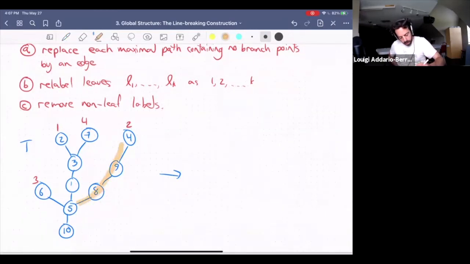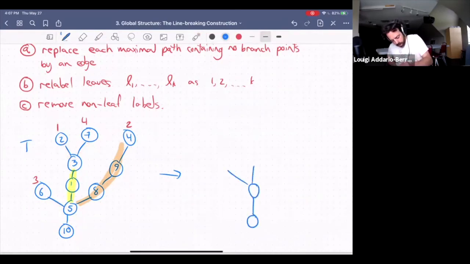So here's a path with no branch points. Right, the branch points are here, here, and here. Okay, so this orange path becomes an edge. This path becomes an edge. All of the other paths without branch points already were edges. So the pattern we end up with looks like this.